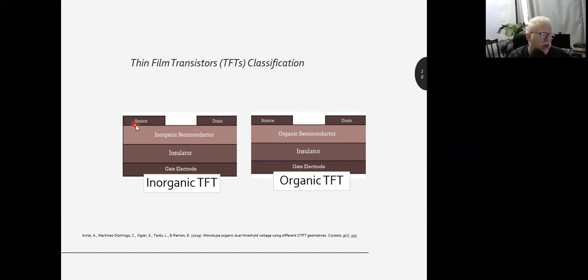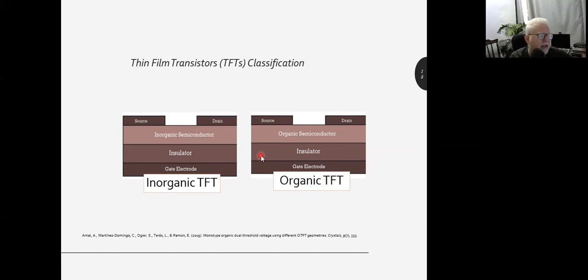Herein the semiconductor material, which is in the dark red as you can see, can be either an inorganic semiconductor material, which is this case, where we call this an inorganic TFT, or it can be an organic semiconductor material, where we call this an OFET, or organic field effect transistor.